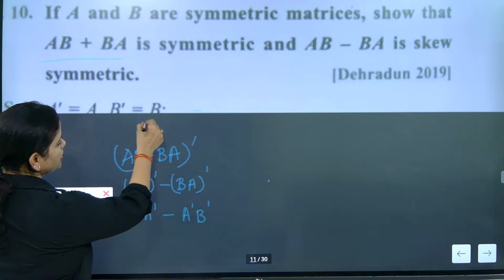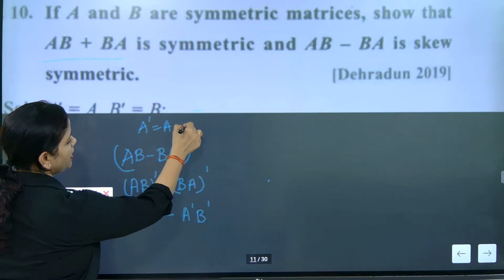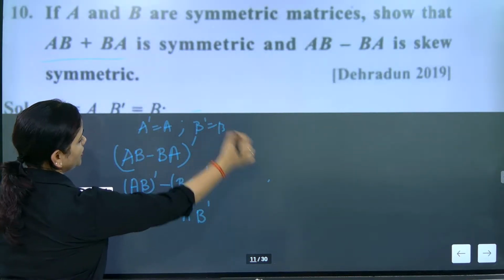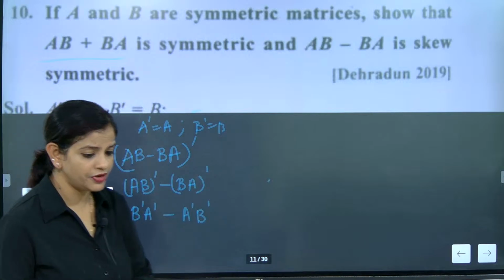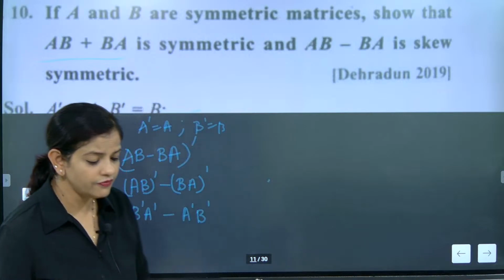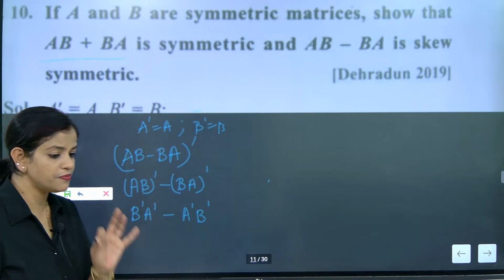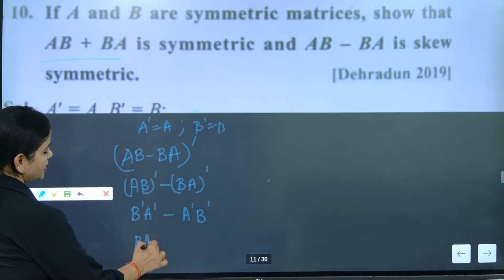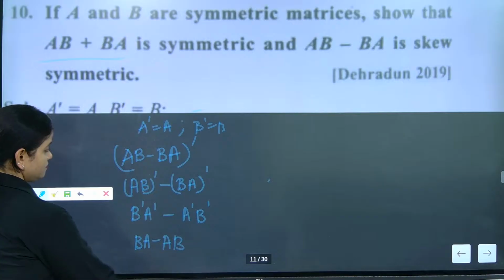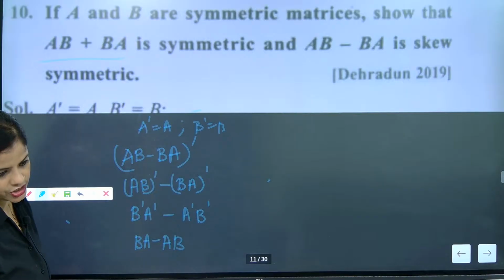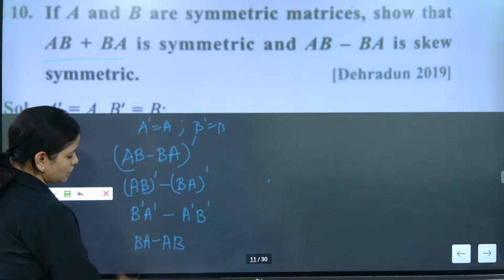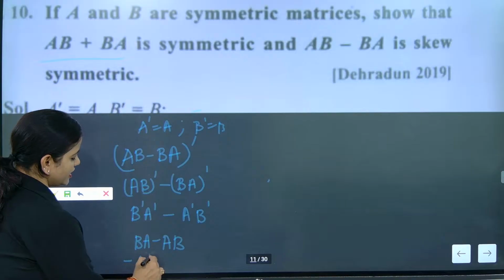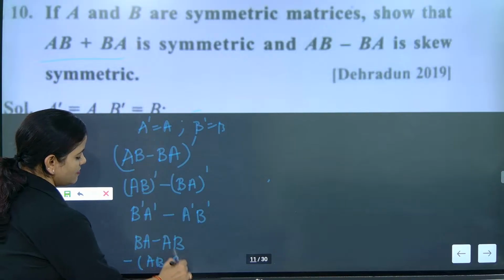And we already know that A transpose is equal to A and B transpose is equal to B. They didn't inform about skew symmetry, remember this. They informed about symmetric matrices. So we need to write it like this. Directly we can write BA minus AB. The order cannot be changed. Now take minus outside. The moment you take minus outside, it will become AB minus BA.